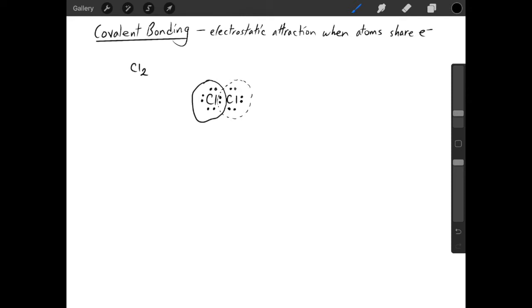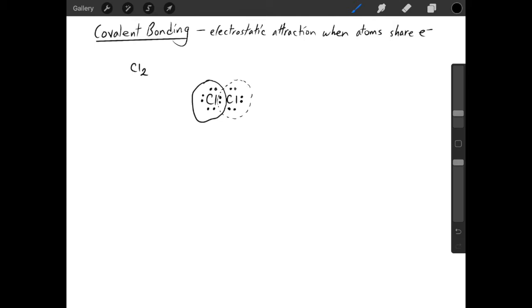And you can see that each chlorine atom has 8 electrons, so it has a full octet. And there are 2 electrons that exist in a shared position between them. And when they have these 8 electrons together, it's referred to as a complete octet, and most covalently bonded atoms are going to have that full octet.